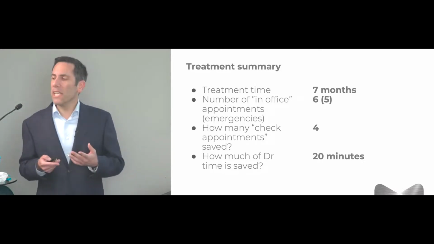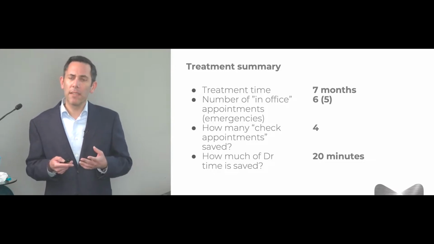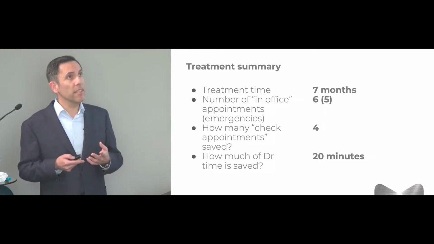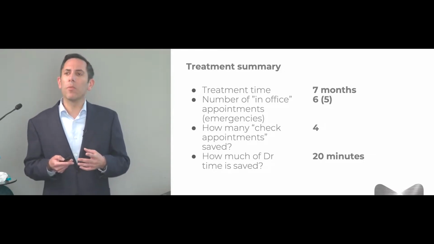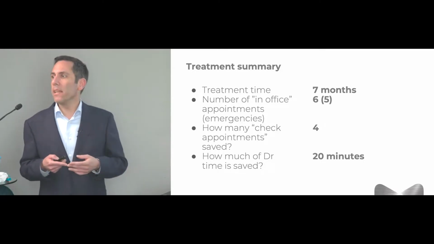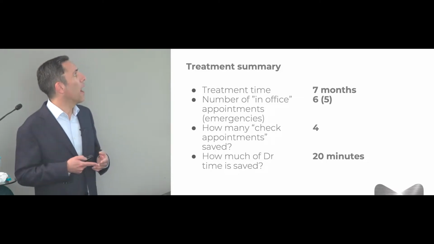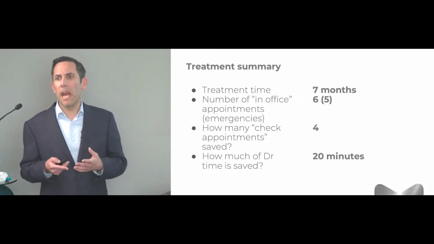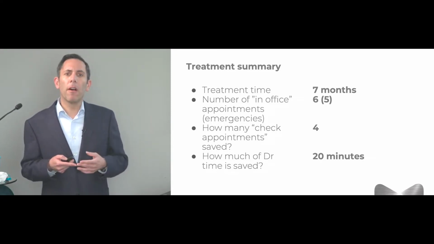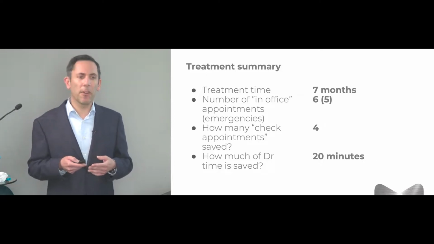The emergencies were that she debonded her bitramps twice, twice there were loose brackets, and once there was an archwire disengagement, and that's why the patient had to be seen in the office for these specific emergencies. How many appointments were saved in the office? 4, and if you count 5 minutes of doctor's time per appointment, that's a saving of 20 minutes of doctor's time.